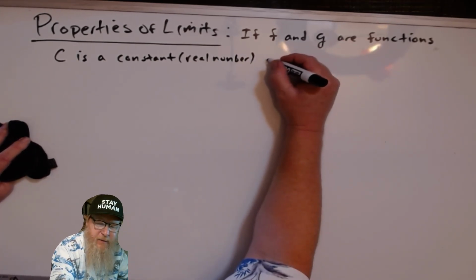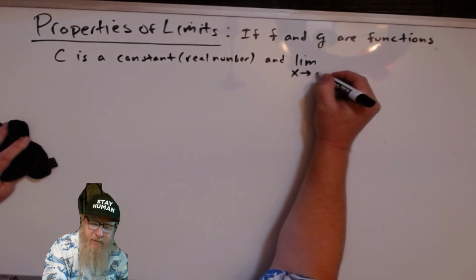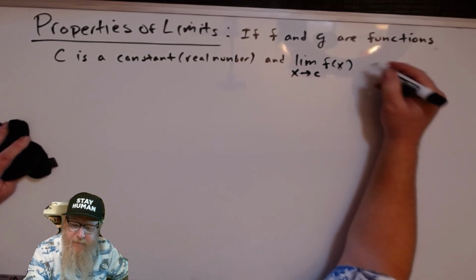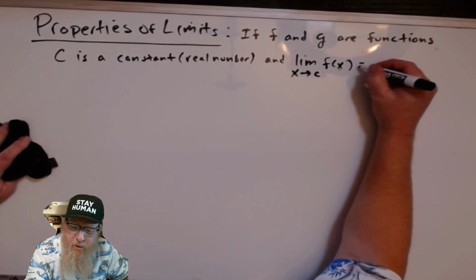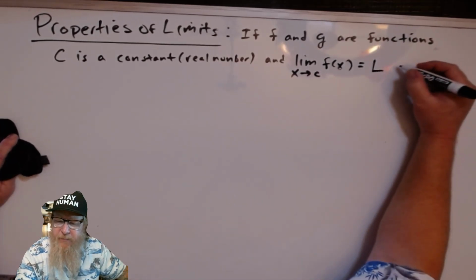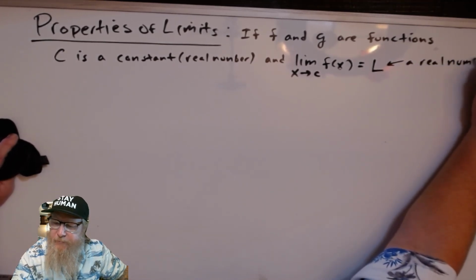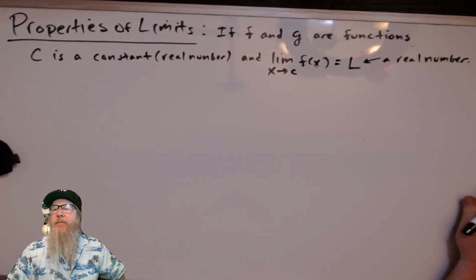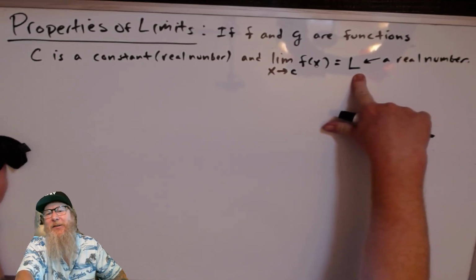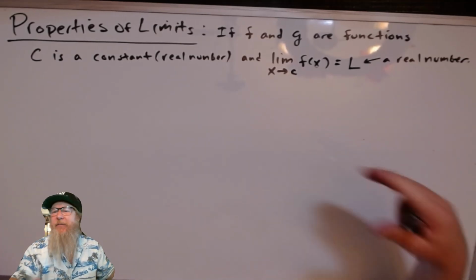And the limits exist. Now again, if a limit exists, I don't necessarily have to say the word. I just have to give it a number. L, a real number. Okay. So not infinity or negative infinity, like I just demonstrated. So a number, 1 or 1/4 or 2.7 or whatever, some kind of real number.